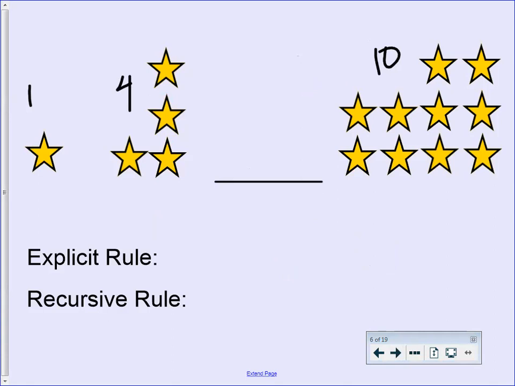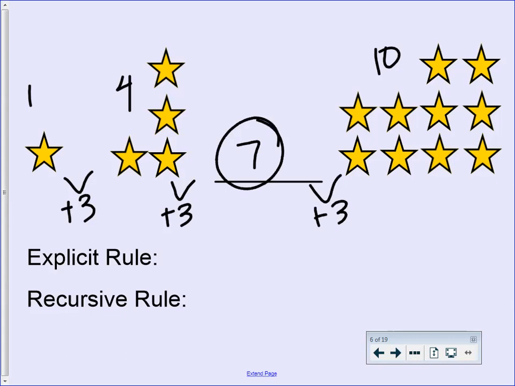So hopefully you figured out your pattern. First was 1 plus 3 to give you 4. Then 4 plus 3 gives you 7. And 7 plus 3 gives you 10, which is how you get this third term. So since I know my pattern, my recursive rule, that one is always probably the easier of the two.